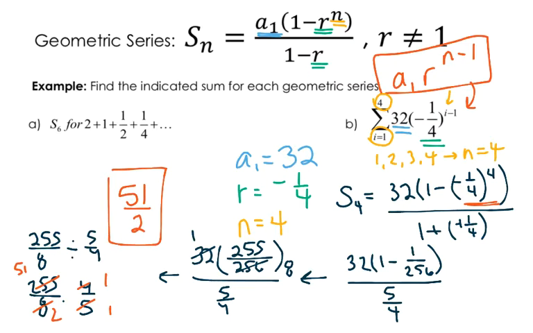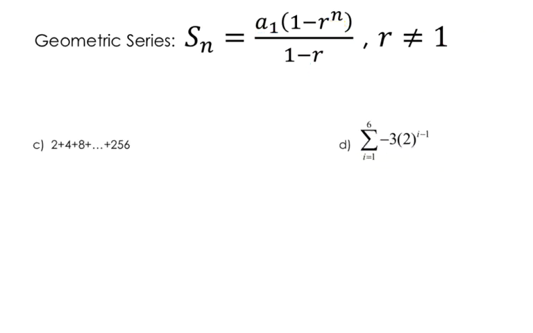Alright, let's try a couple more. Okay, so on this problem, I have my a sub 1 is 2. I know r, by looking at this, I'm multiplying by 2 each time to get to the next term, so my r is also 2. The only problem is I don't know what n is equal to.